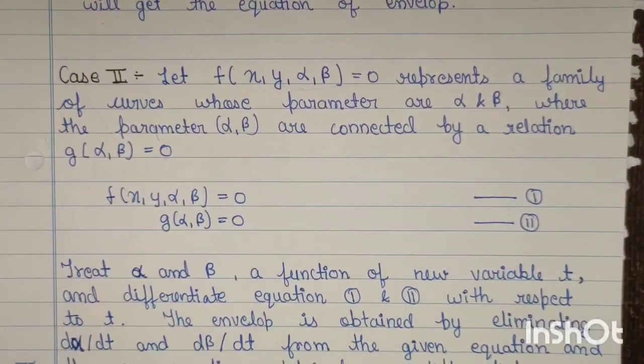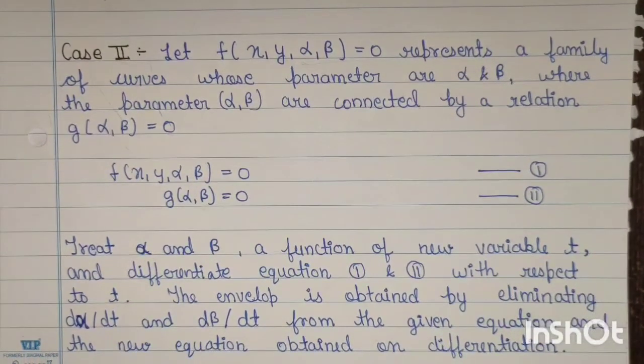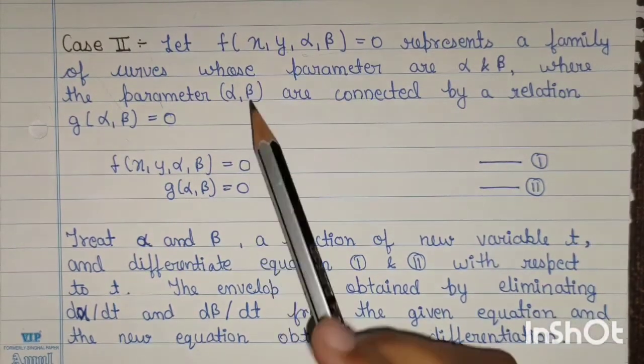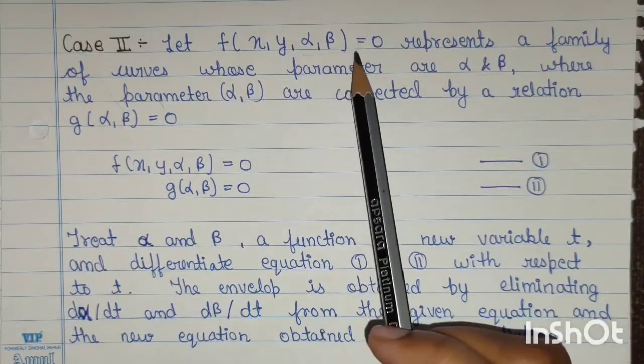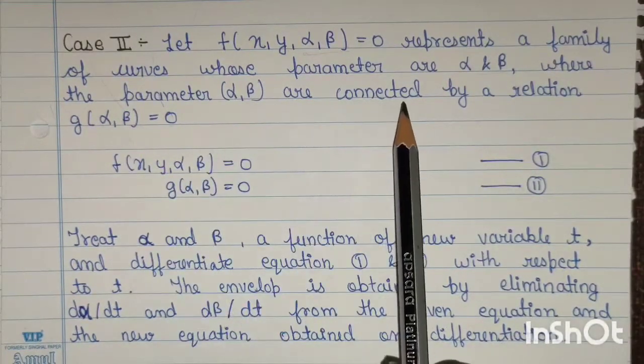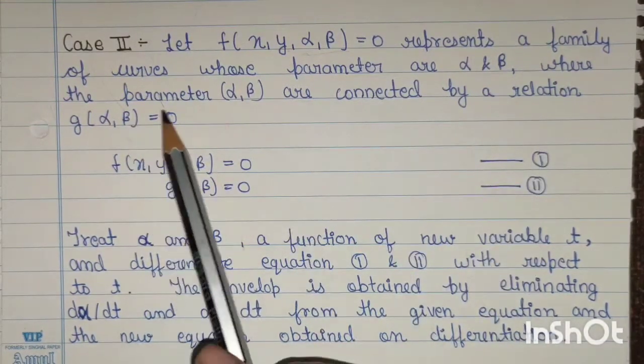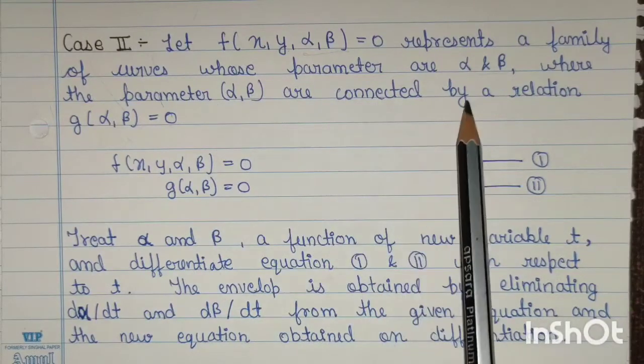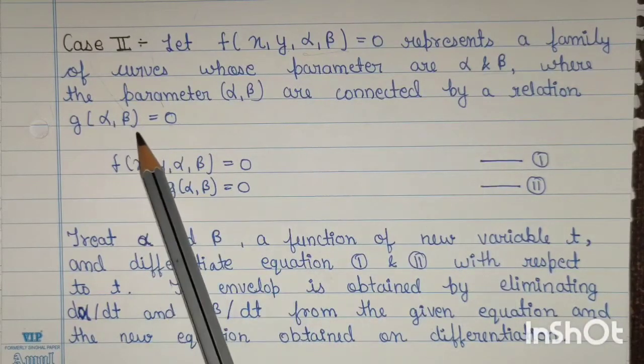Now we will see case 2, where there are two parameters alpha and beta. Let f(x, y, alpha, beta) = 0 represent a family of curves whose parameters are alpha and beta, where the parameters alpha and beta are connected by a relation g(alpha, beta) = 0.